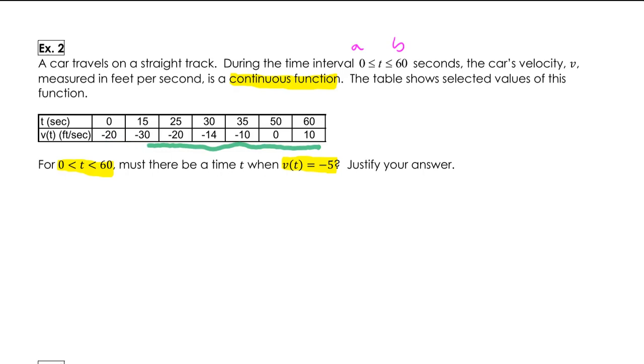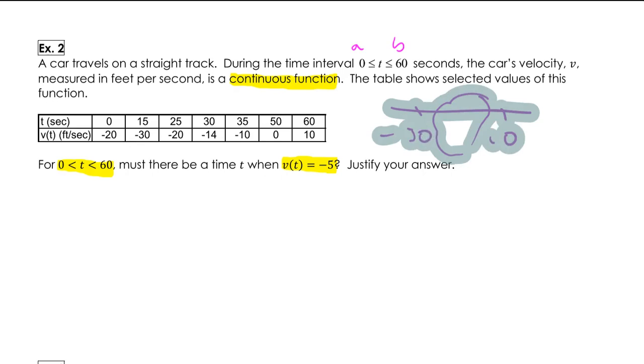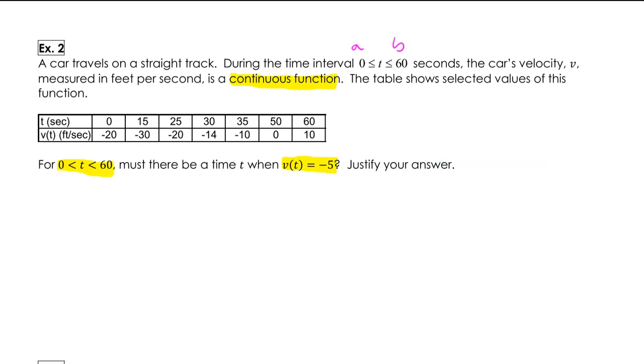Is -5 between those numbers? Sure. What's the lowest? -30. What's the highest? 10. If I'm going between -30 and 10, isn't it -5 somewhere in here? So because of that, we already know how we're going to answer this. Yes, now we just need some mathematical proof.